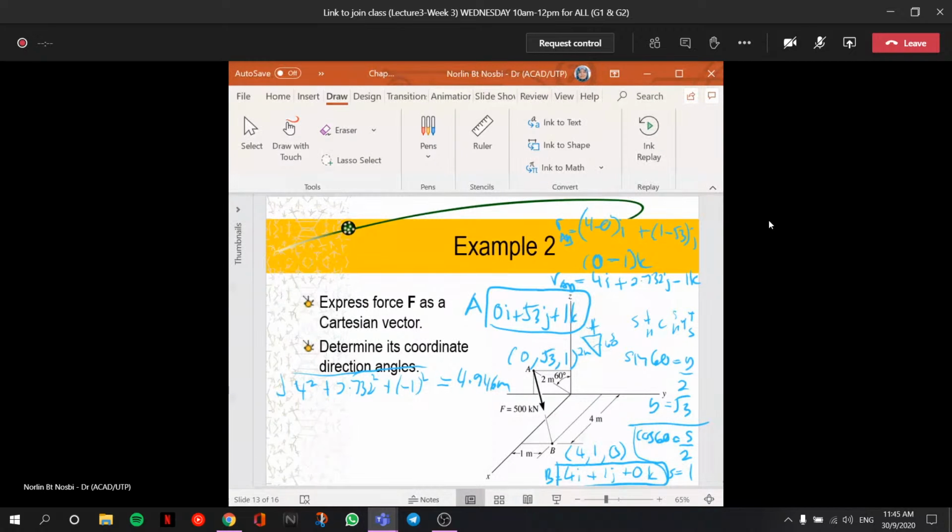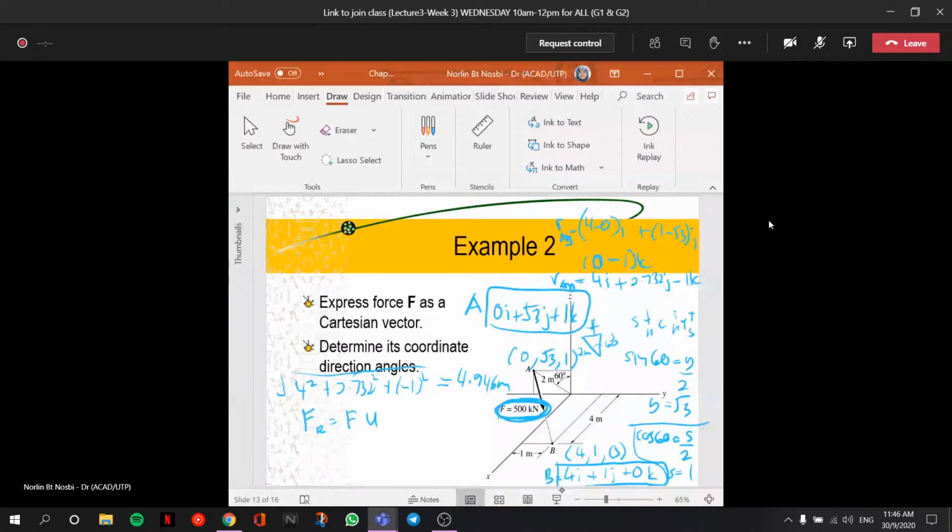But before that, you cannot directly find it using cos alpha, beta, and gamma. You need to multiply it by the 500 kilonewton. So the formula would be F_R equals F times U. How do you find U?